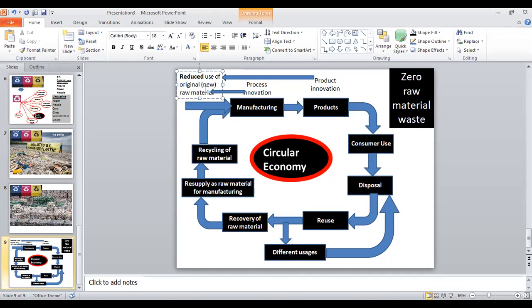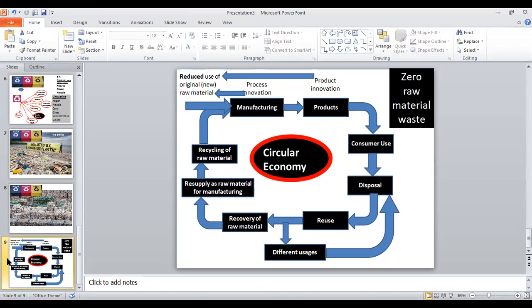So here we are mentioning reduced use, but in a very good circulating of raw material.